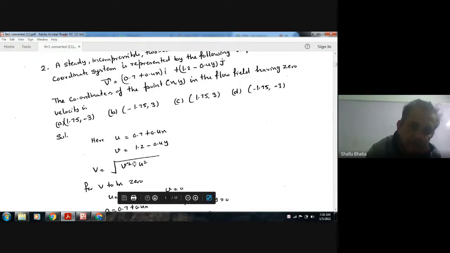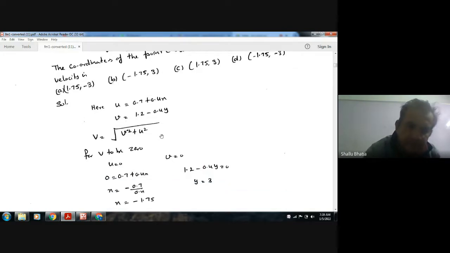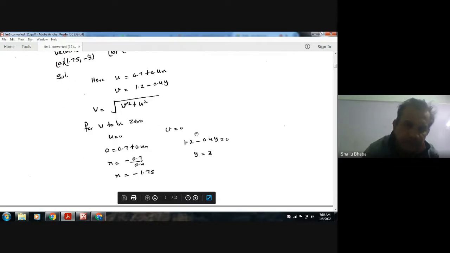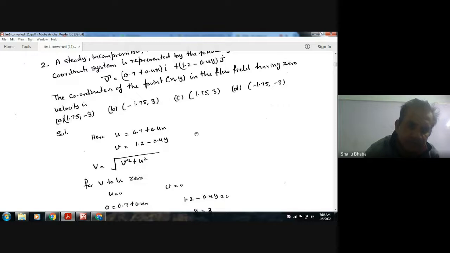So this cannot be negative, and this cannot be negative. So both are positive. For velocity to be zero, both v and u should be zero. So when this is zero, then x is minus 1.75, and when this is zero, then y is 3. So answer is minus 1.75 and 3. So answer is your B.